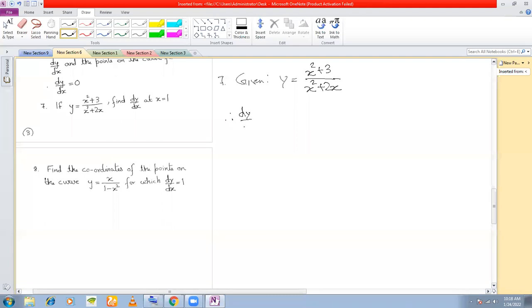U by v rule. So dy dx is equal to ddx of x square plus 3 divided by x square plus 2x.